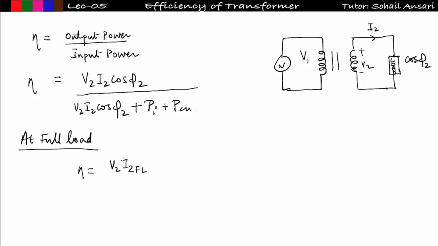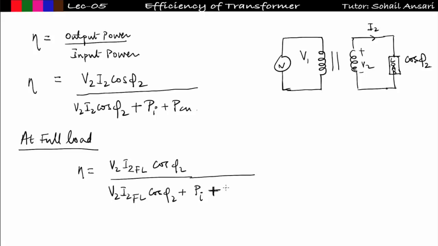So I can write I2 FL into cos phi 2 upon V2 I2 FL into cos phi 2 plus iron loss. Iron loss is the constant loss, it will not depend upon the load, so it will remain as it is, and the copper loss I will get at full load, that is PCU FL. Got it? So this is the formula of efficiency at full load.